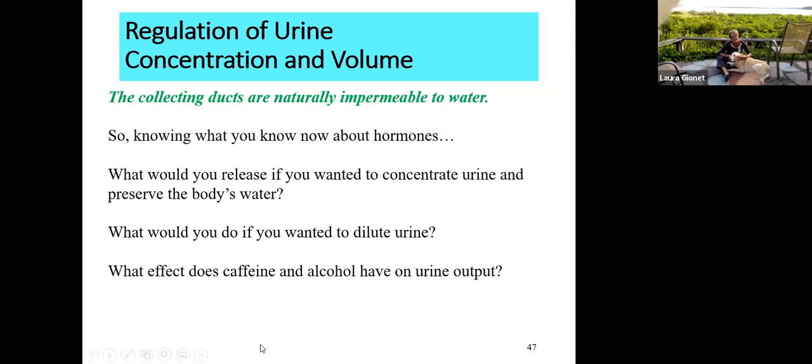The collecting ducts of the nephron are naturally impermeable to water. You have to have hormones being secreted for the water to go from inside that nephron into the bloodstream. Otherwise it generally doesn't leak out.